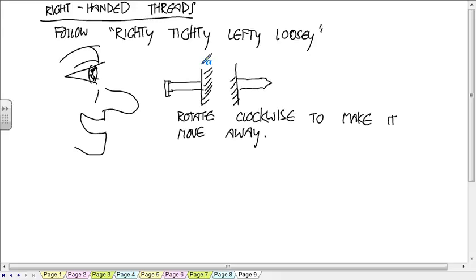But I think of it as right-handed threads are threads, and left-handed threads are backwards threads. I've never noticed anything easier about it. When you're trying to turn it, you're just applying a force on something. So if you want to apply a force with your other arm, just put the wrench over here.